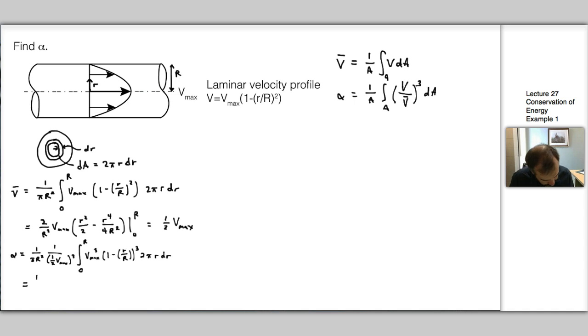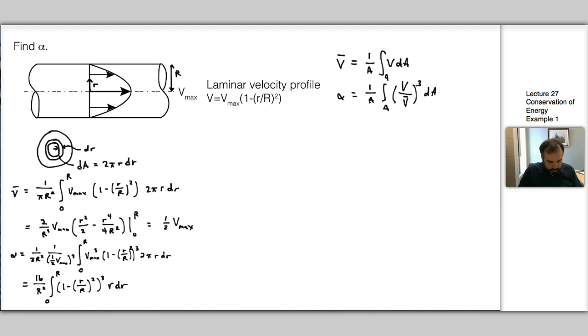And that equals 16 over R squared times the integral from 0 to R of 1 minus (r over R) squared, cubed, forgot a square up here, times r dr. Okay, so that gives us an equation that we can solve to get alpha.